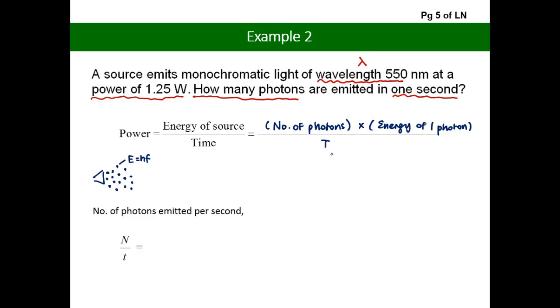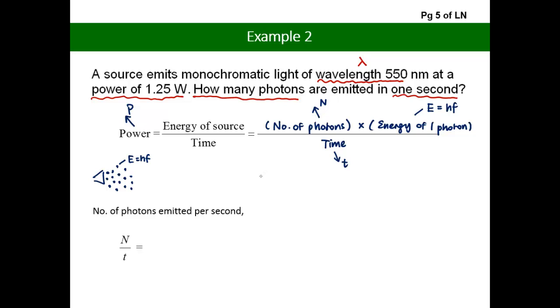But we need to divide by time, so that would be the energy per unit time, which is equivalent to the power. I'm going to put this in symbols so it's easier to solve. Let P be the power, the number of photons per unit time be N over t, and the energy of a photon be E, where E is equal to hf.